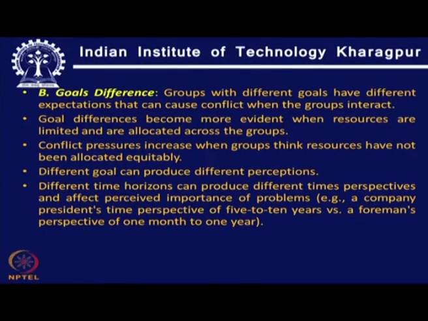So, why? Because as the groups have two different goals, there could be different sets of expectations on what is to be done and how it is to be done, and that may cause conflict when the groups interact. So, goal differences become more evident when resources are limited in nature and are allocated to all the groups.